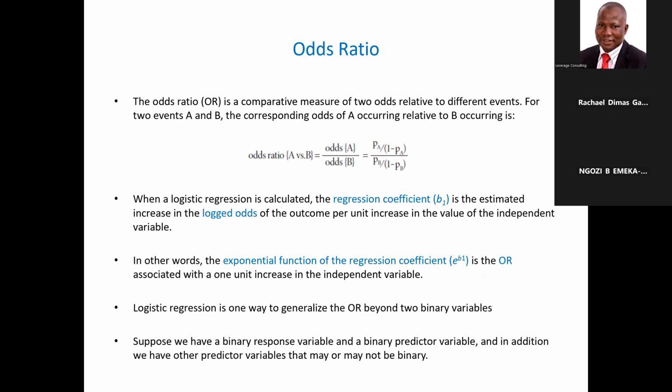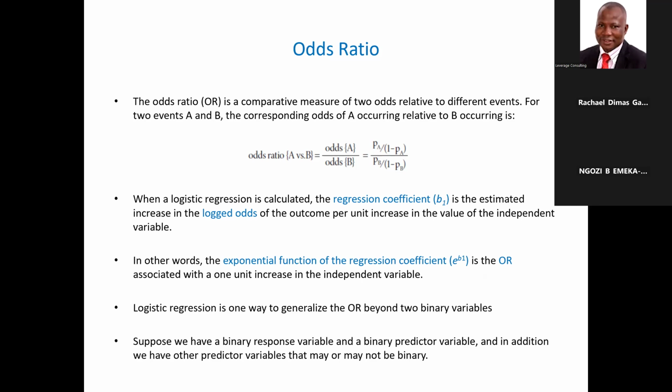So logistic regression is one way to generate the odds ratio beyond two binary variables. Don't do it by yourself anyway. Just know that from the beta you get, you calculate the anti-log. The anti-logarithm of that beta, which is the regression coefficient, gives the odds ratio.